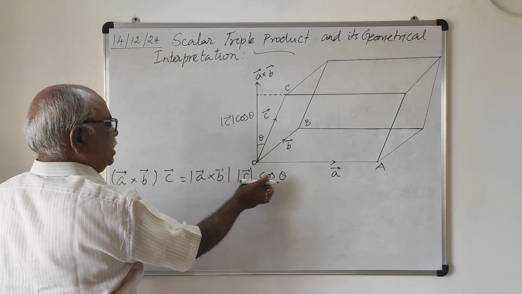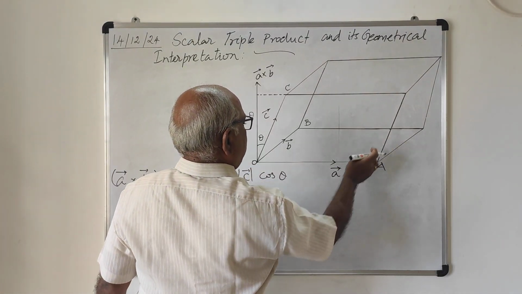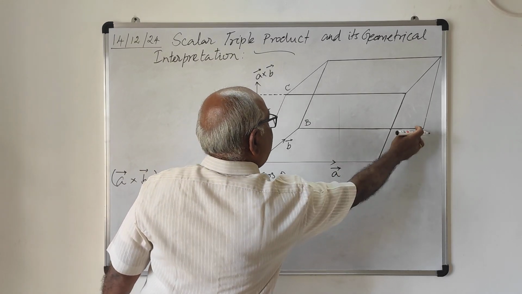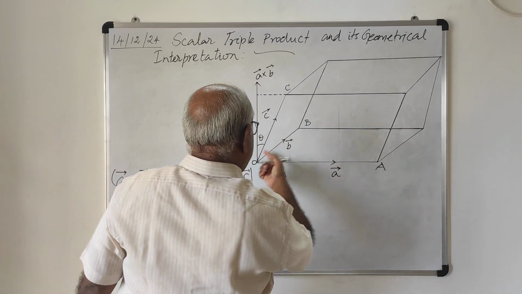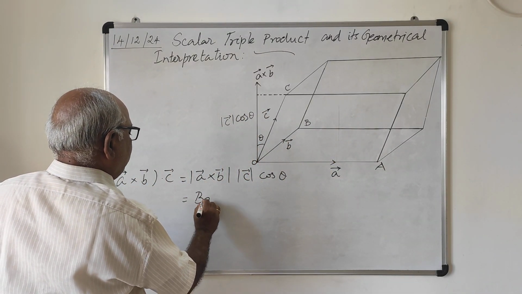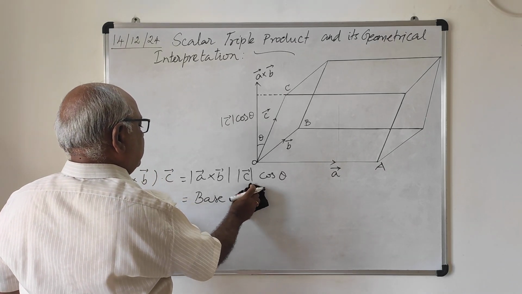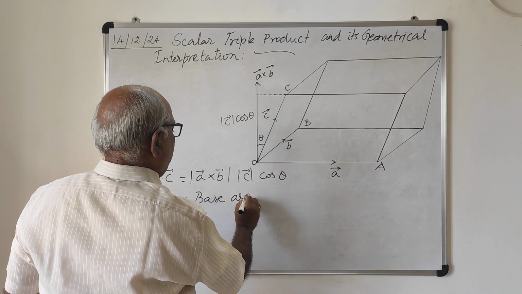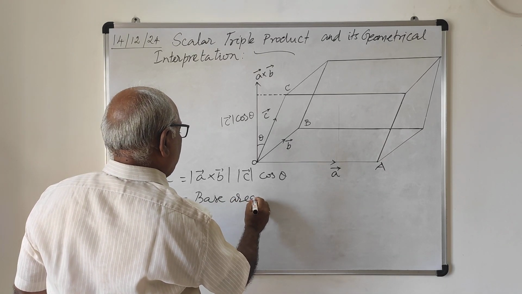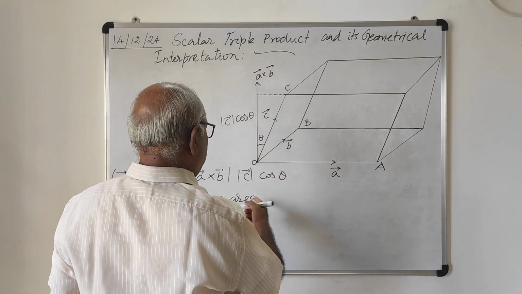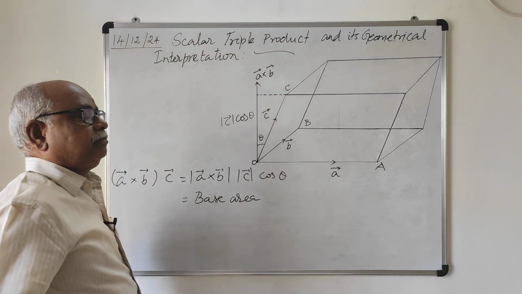Mod A cross B into mod C into cos theta is A cross B dot C. Mod of A cross B is the base area of the parallelepiped. Base area of the parallelepiped into mod C cos theta. Mod C cos theta is height of the parallelepiped.